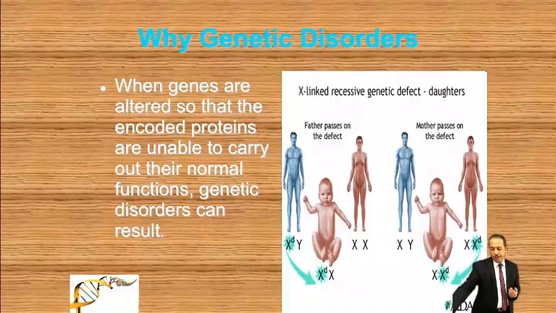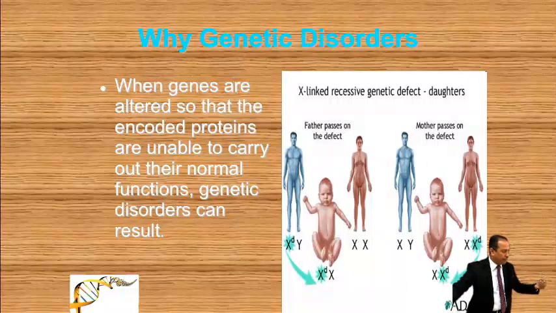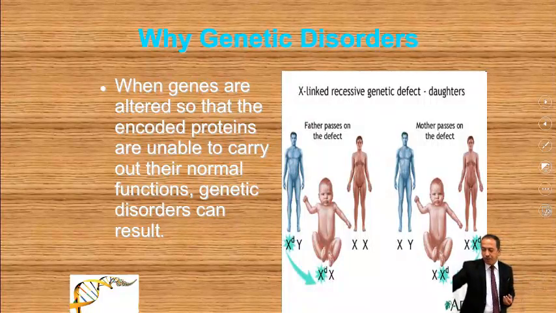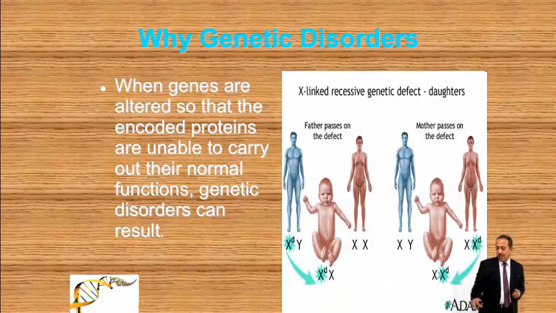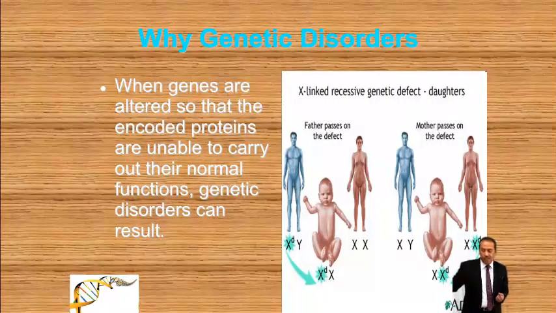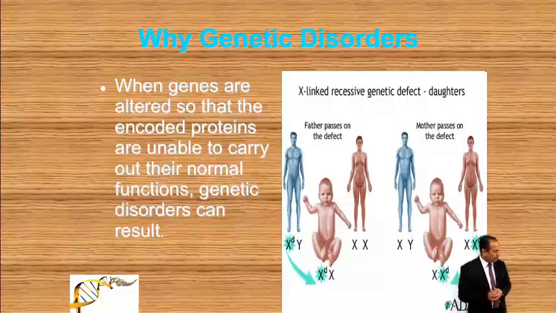The XD, D means defective gene, will be inherited here from the father to the offspring, while the defective gene XT will be inherited here from the mother to the offspring.